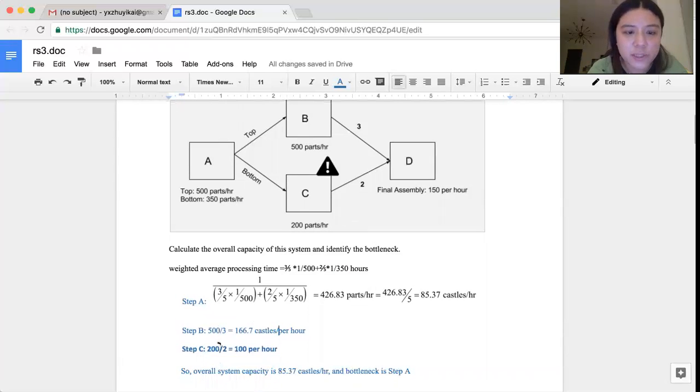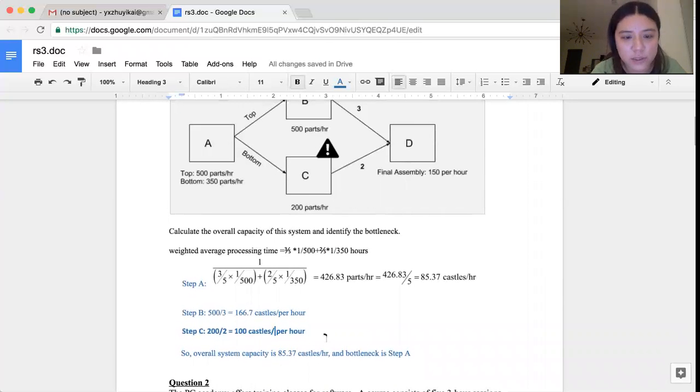Similarly for step C, since step C can process 200 parts per hour, and one castle needs 2 bottom pieces, 200 divided by 2 is 100 castles per hour.